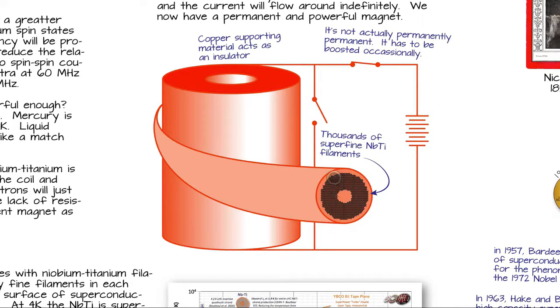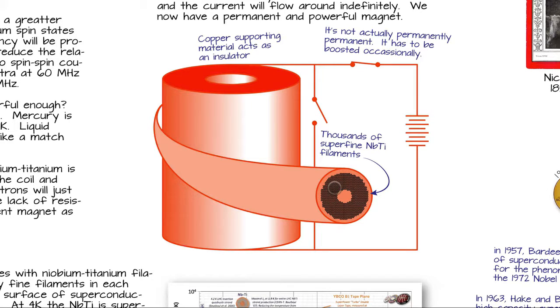You try to use as many tiny filaments as possible because superconductors do not let a magnetic field exist inside them or an electric field. I'm not really up on the physics, but I can tell you that it's all about surface area. The more surface area you have on these coils, the more current you can put through. So you need a lot of thin ones embedded in copper to have a lot of surface area.